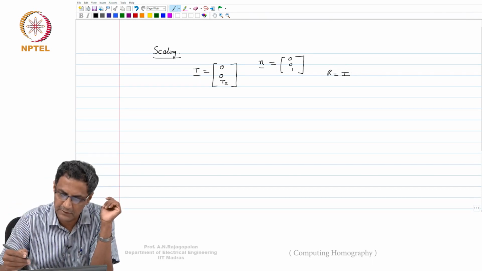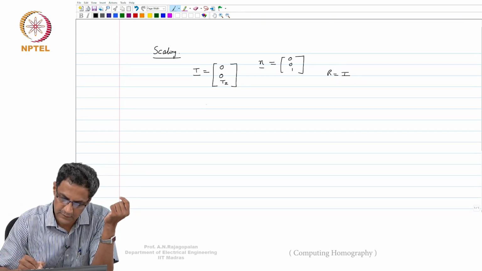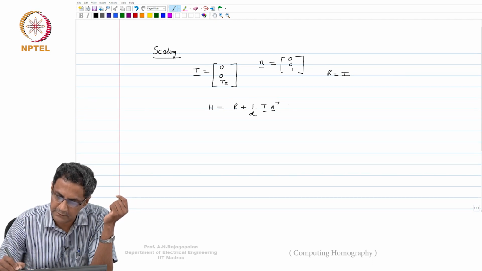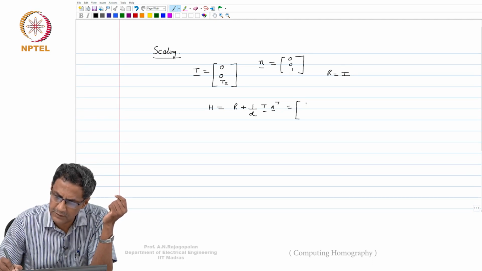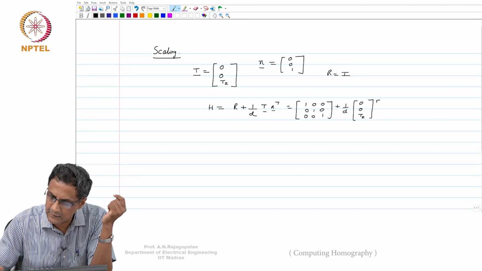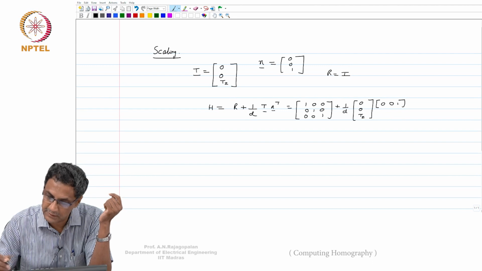So all that we are worried about is R plus 1 by d T n transpose. So this yields you 1, 0, 0, 0, 1, 0, 0, 0, 1 plus 1 by d times t, which is 0, 0, tz, since there is only a z component, and then n transpose, which is 0, 0, 1 because it's a fronto-parallel plane.